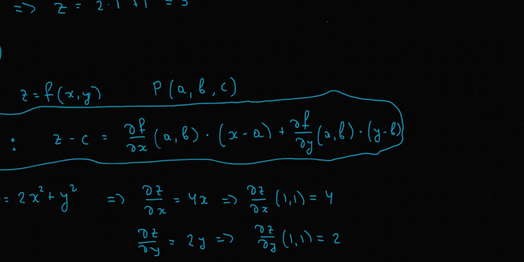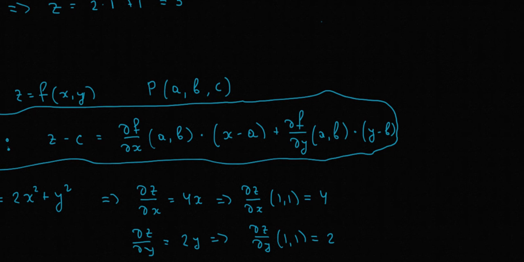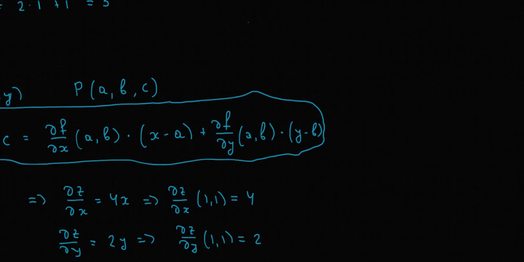Now all that's left for us is to plug these numbers into the equation of the tangent plane in the general form that I just wrote. We have all the pieces now. Maybe I'll start writing here.